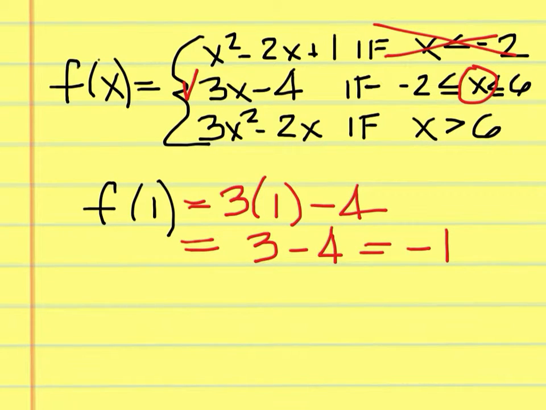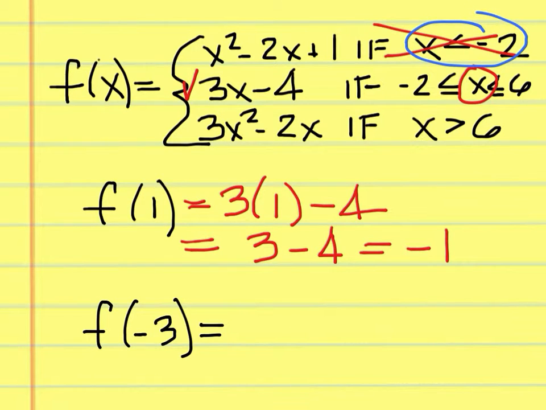With that same set of parameters there, what about f of negative 3? Which function, the first, the second, or the third, would I use to figure out f of negative 3? Is negative 3 less than negative 2? Yes, so that's the one.